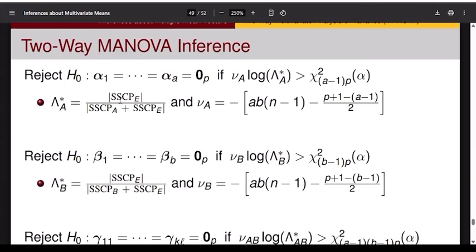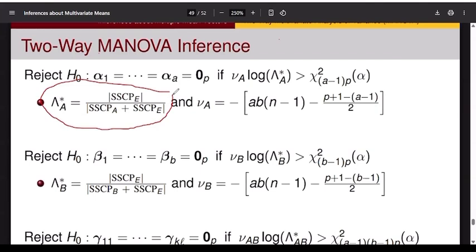Now, how do we test? This is where I need you to pay attention, in case I want you to write the formula in the exam. Please pay attention. Now, you need to first find this guy. When you take a look at that guy, the numerator is the sum of square product for error.